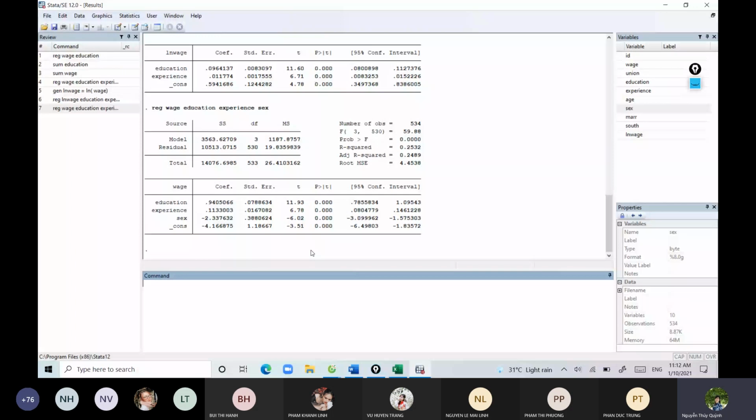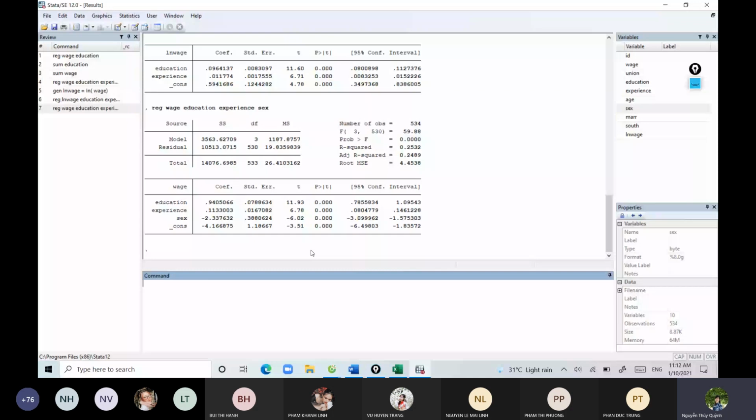So when education increases by 1 unit, and experience and sex are not changing, then the average level of wage will increase by 0.94 unit on average. Okay, so what about sex? We have the estimated coefficient on sex equal to minus 2.3373.